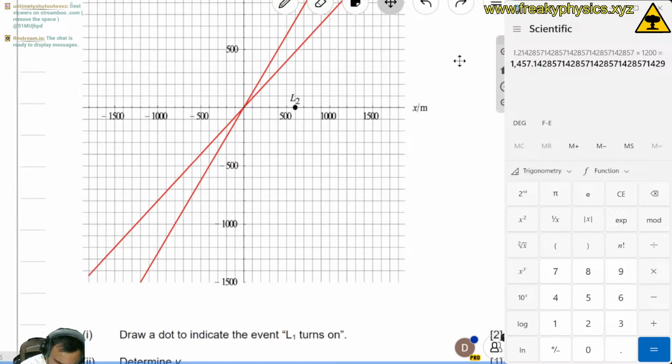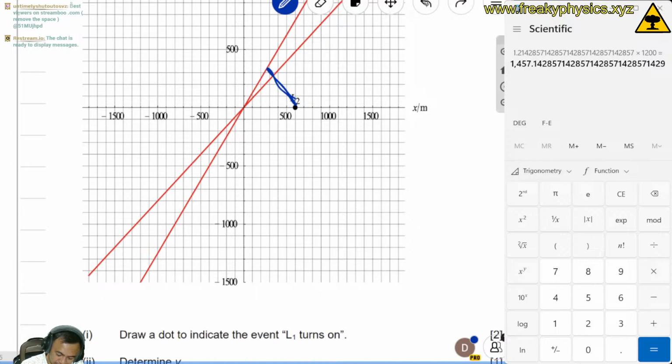Okay, so L2 happens at the same time when the light goes to that, right here. So the light curve goes here. So we need to determine, where is L1? L1 happens at the same time. So we need to draw there. We need to draw a light ray.